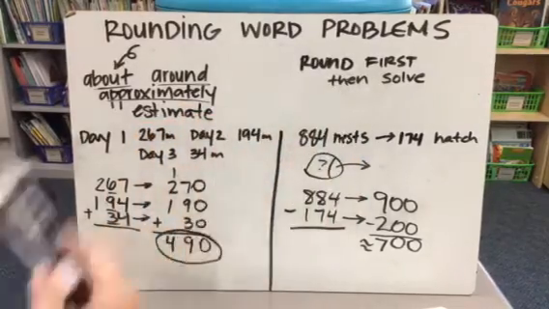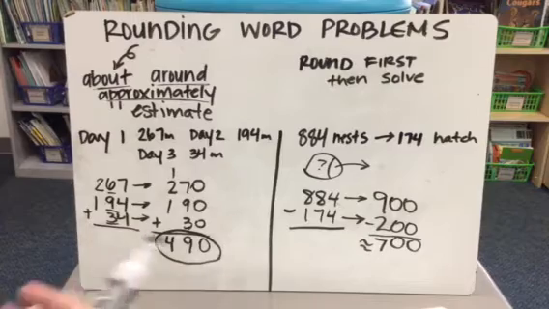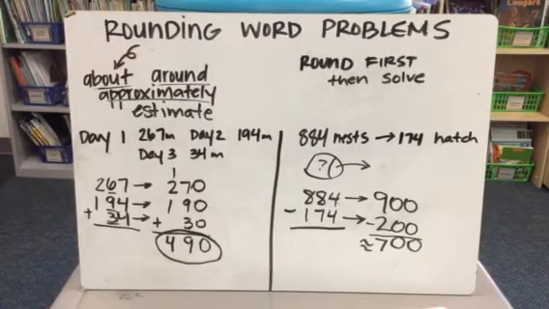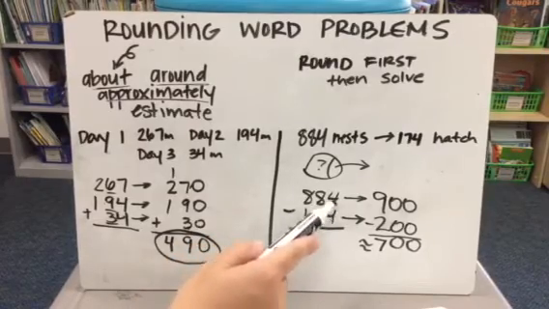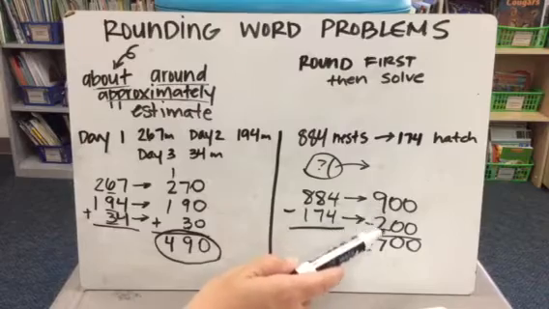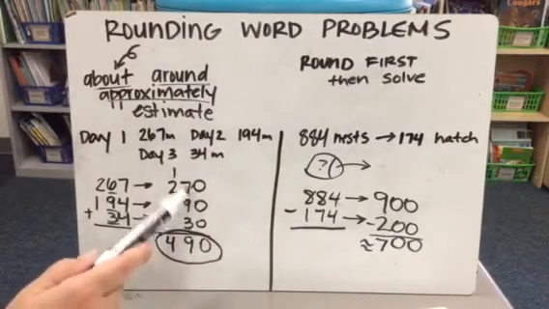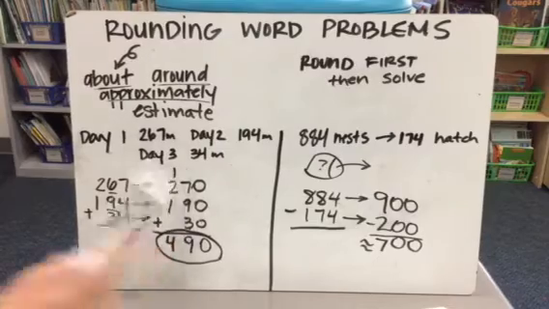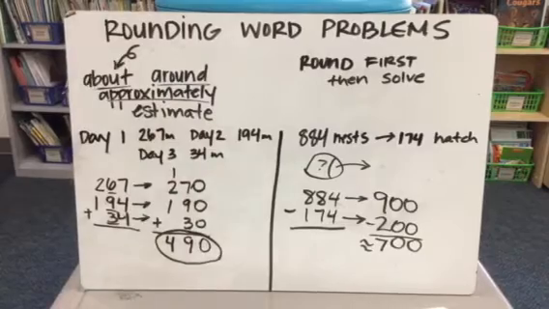And then again, round first before you solve, because then you're actually using the goal of rounding to make numbers easier to work with. If I use the exact numbers, even though you might think those are easy numbers, it is a little bit more work. Here I only had to focus on one place value. The rest were placeholders. Here I only had to focus on 2 place values. The rest were placeholders. So remember these 2 strategies when you are working with rounding in word problems.